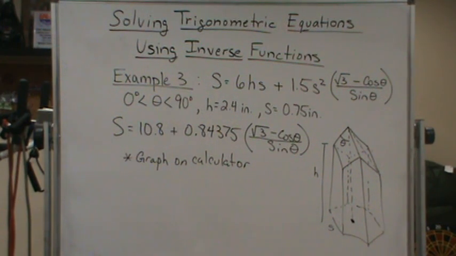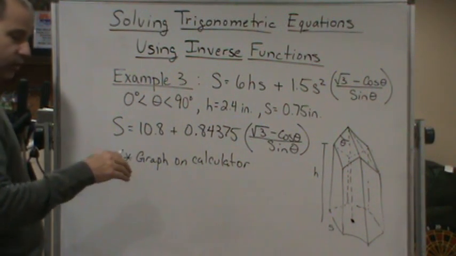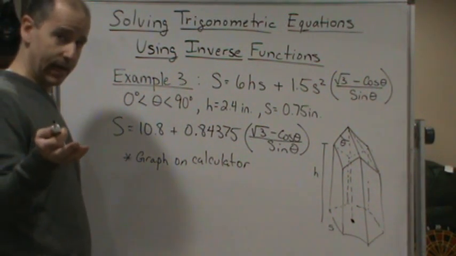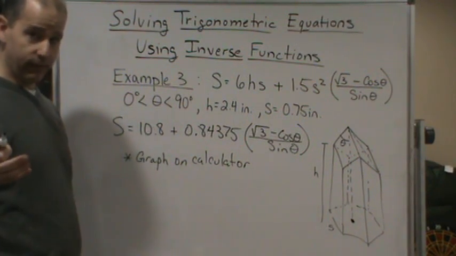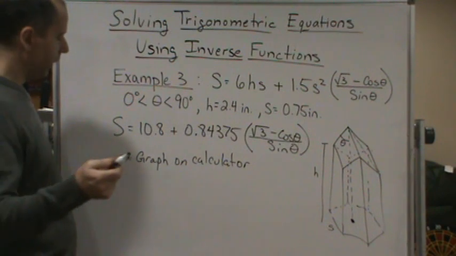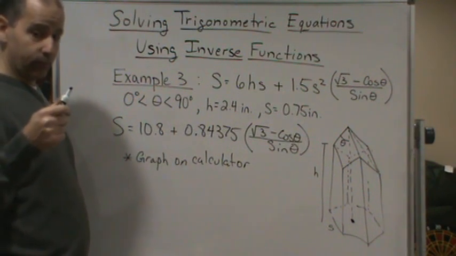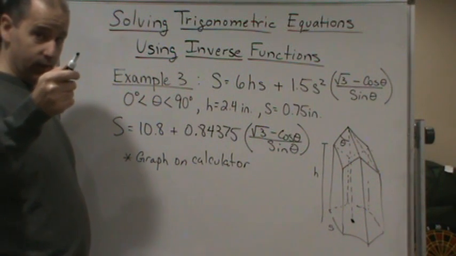Now, the way you do that is you want to use the minimum function. So on your calculator, usually second calc, right? Once you graph it, you can do second calc depending on if you have a TI-84 or some other brand. But I know for TI-84s, 85s, and 83s, you can go to the second calc menu.